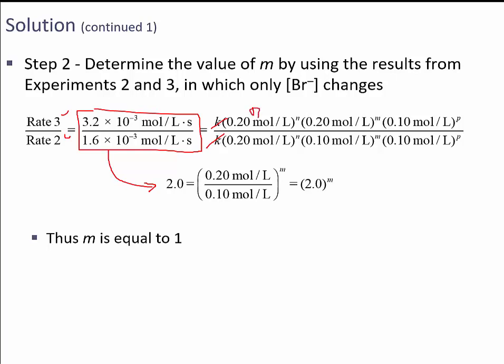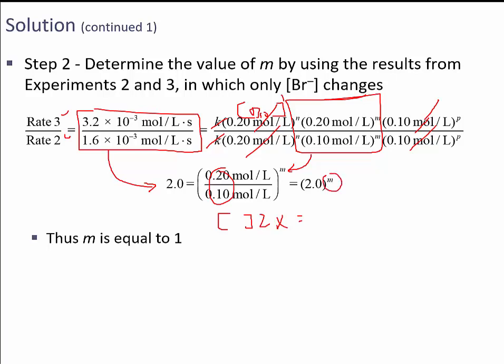So this would be the bromate to the 1. We know it's to the 1 now, but those are going to drop out. These are going to drop out, leaving us this ratio of concentrations. That goes in here. So our rate doubled when our concentration doubled. So we're going to end up with M also being to the first power.